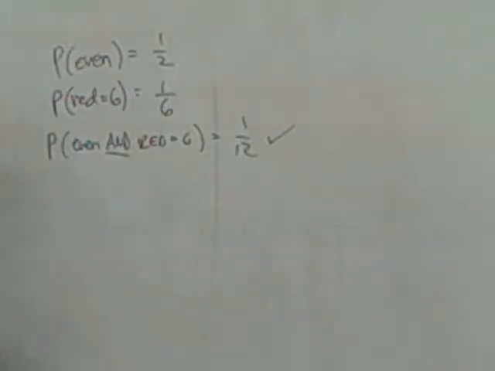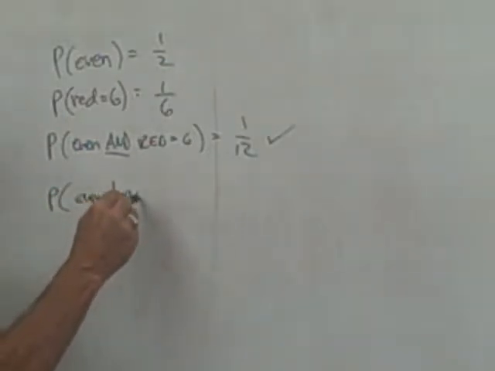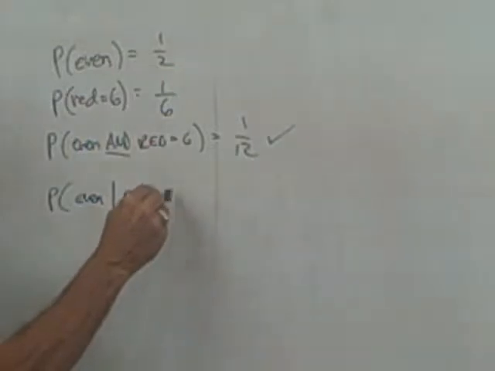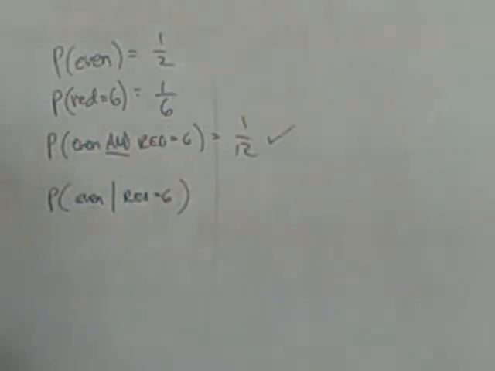There's another thing to notice about it that goes back to what we mentioned before about conditional probability. If we look at the probability that you get an even number given that you have a red equals 6, in other words, we know that the red die turned up a 6, what's the probability of getting an even number there?